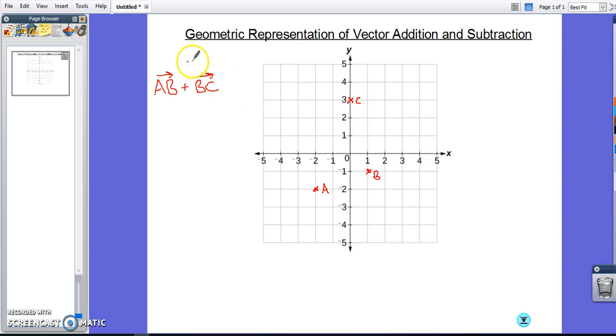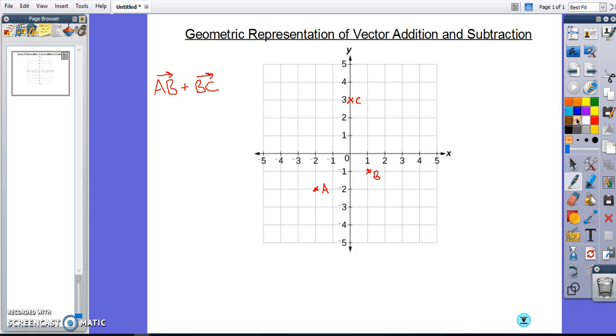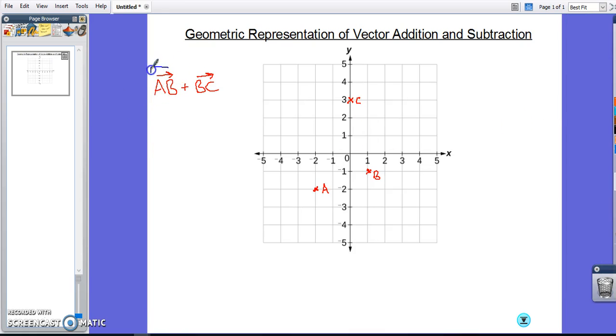So if we wanted to do this numerically, what we would need to do is we would first need to find the vector from A to B, and then we'd need to find the vector from B to C. So let's do AB in blue. So the vector from A to B is equal to B minus A. So the coordinates of point B minus the coordinates of point A. So the coordinates of point B are 1, negative 1.